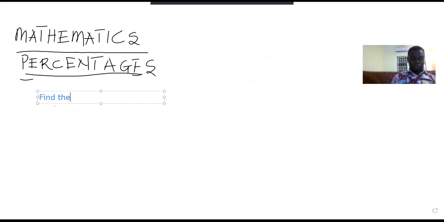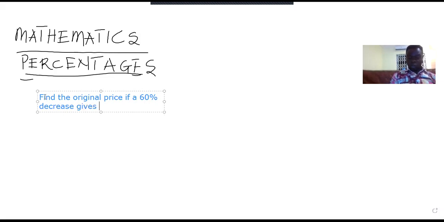Find the original price if a 60% decrease gives $240.